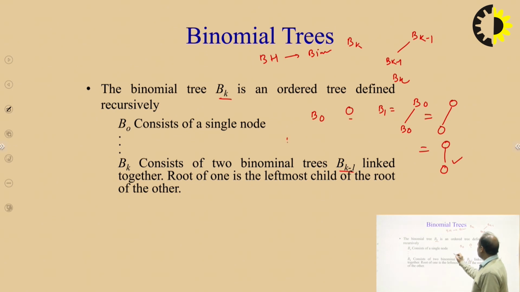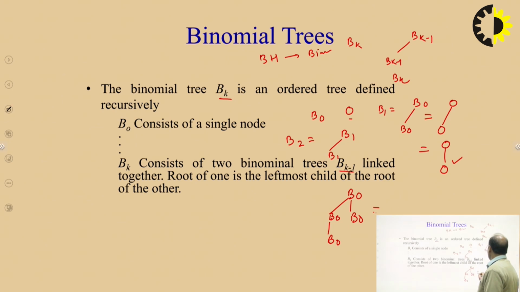Similarly, B2 is a collection of 2 B1, clear? Now this B1, again B1 is a collection of 2 B0. So this B1 is replaced by 2 B0 and this remains as it is, and the other B1 is replaced by 2 B0. So this follows this structure. So this is your B2.